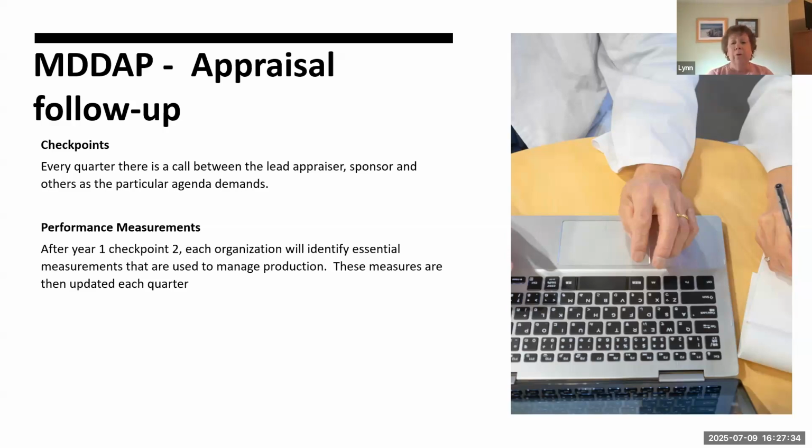And if you're familiar with the addition to the method in 2.0, there is a performance report template. We've tailored that template and we ask at year one, after the second checkpoint. So in other words, they've had a design result. We've done the first checkpoint.